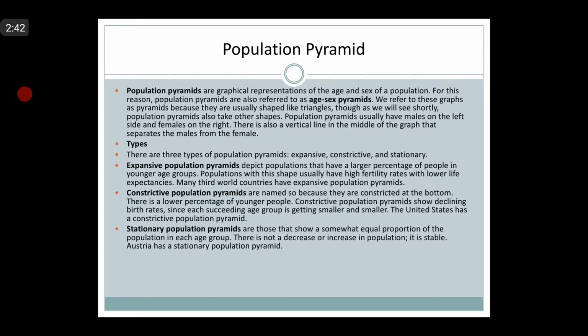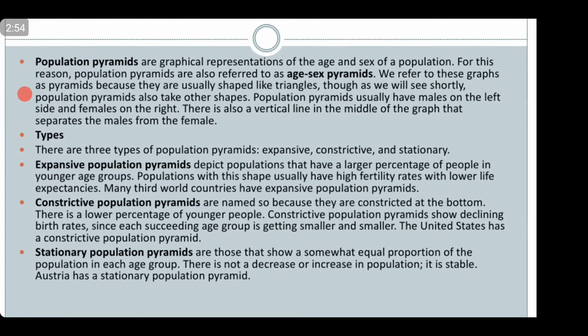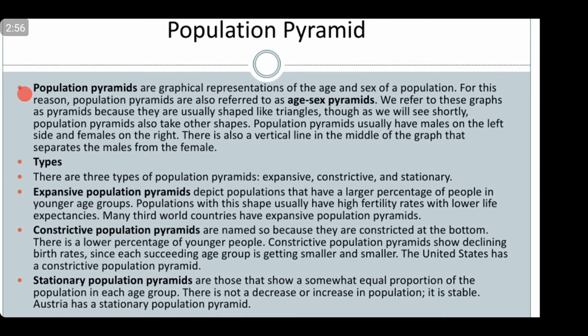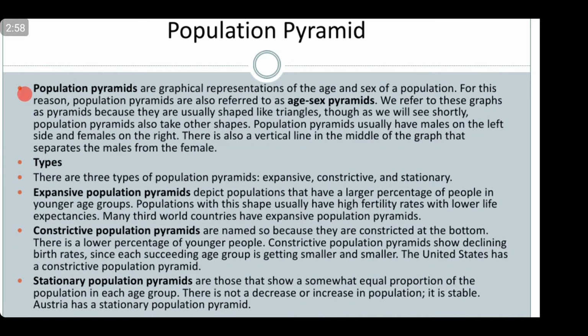Now, population pyramid, or age sex pyramid, what is that? In fact, population pyramids are a graphical representation of the age and sex of a population. For this reason, population pyramids are also referred to as age sex pyramids.